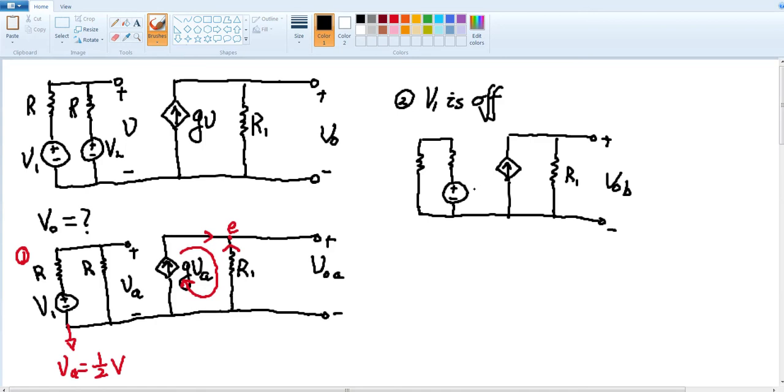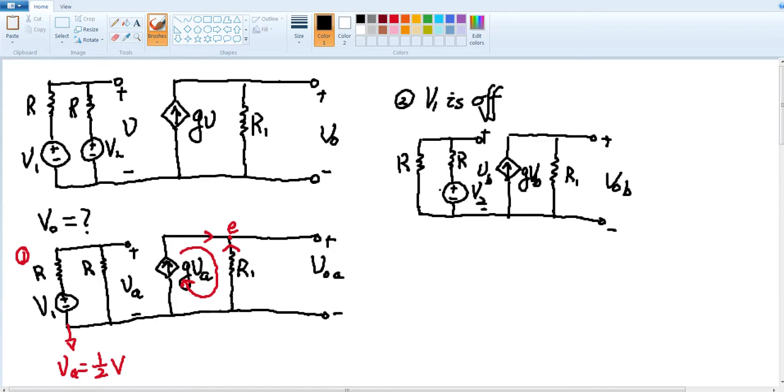Now let's call the voltage contribution from this V2 as VOB. Still have R. And now this voltage, let's call it VB. So this is G, VB.